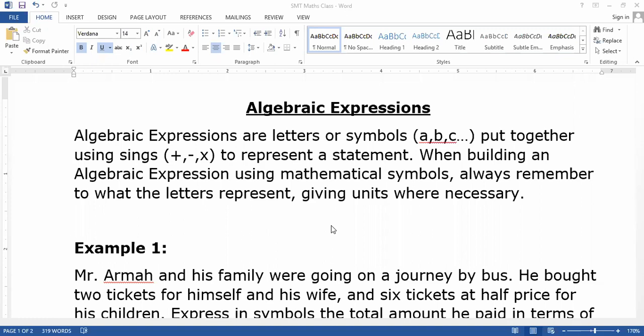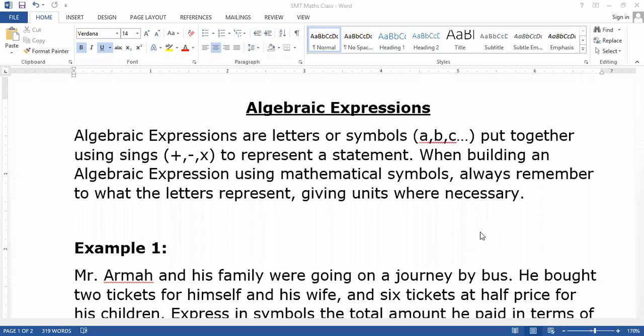So algebraic expressions usually use symbols or letters, put together using the signs plus, minus, multiplication and division to represent a statement. When building an algebraic expression, we have to remember what the symbols represent.